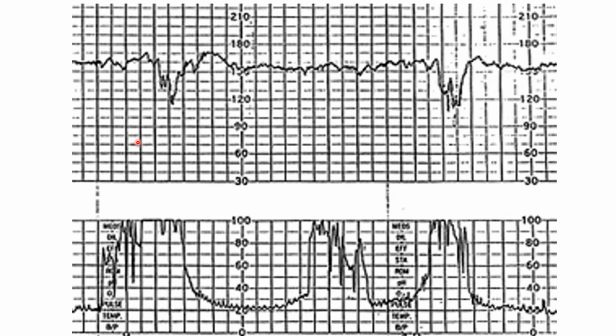And as you can see here, the decelerations are not early because they are not starting here with the start of the uterine contraction. They are slightly late, but there is a shouldering sign over here and over here, over here and over here. So these are variable decelerations with pre and post accelerations or shouldering, and the fetal heart rate is 150 to 160 beats per minute, and the variability is preserved.